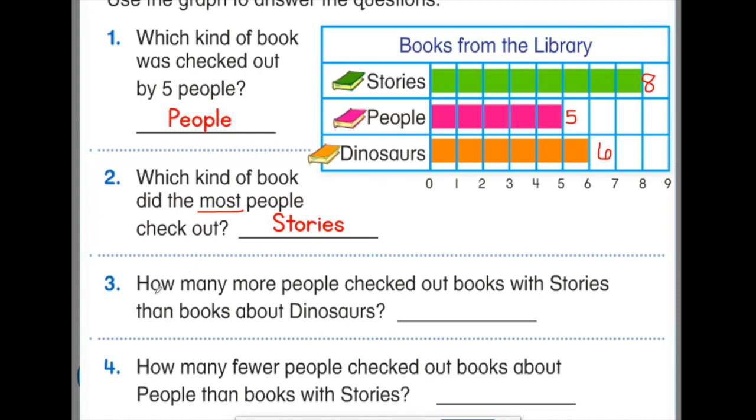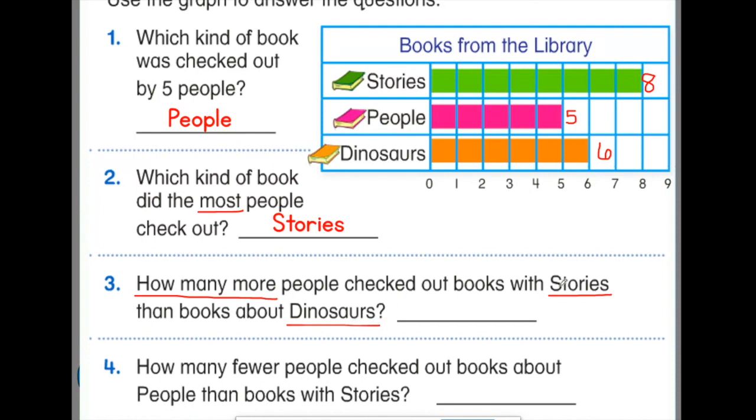Question number 3, how many more people checked out books with stories than books about dinosaurs? There's that key, how many more, so that means that we're comparing. And in this case, I'm comparing the stories to the dinosaur books. So what we need to do, if you remember from yesterday, is just subtract those 2.